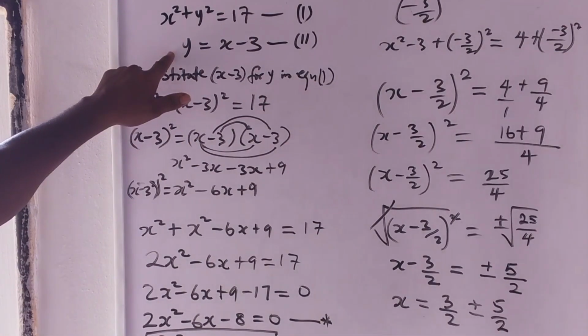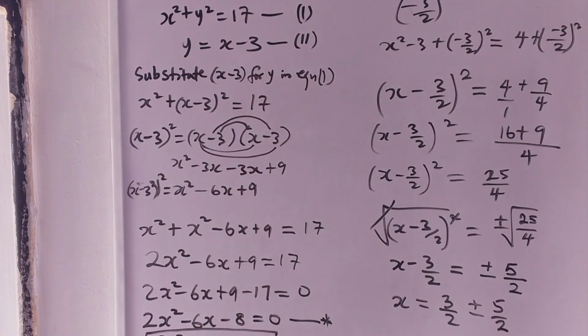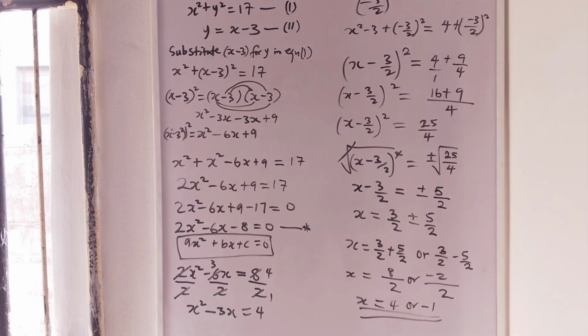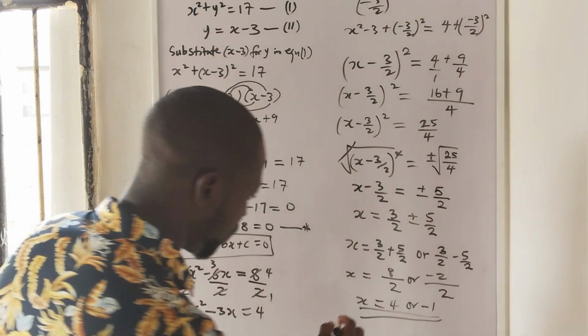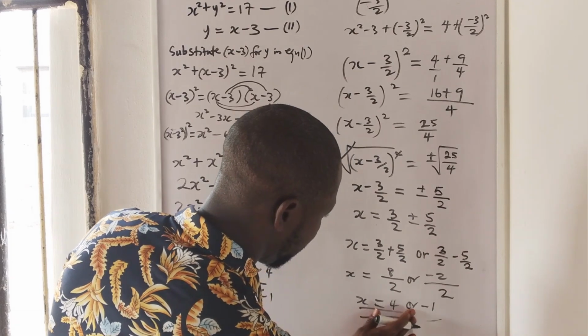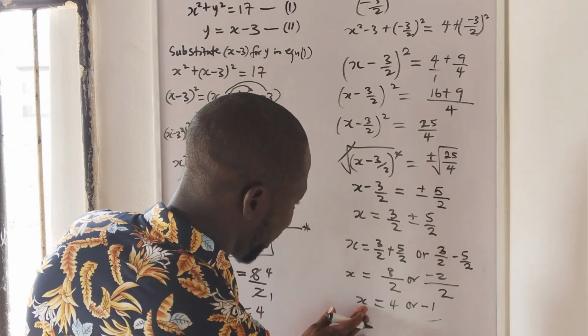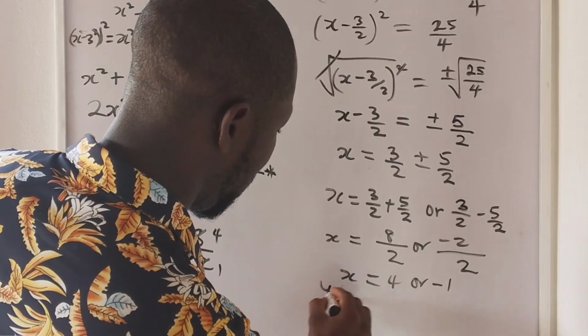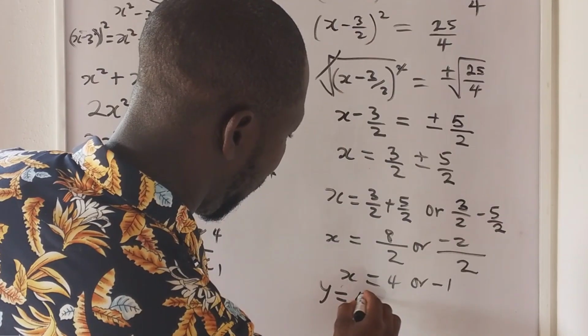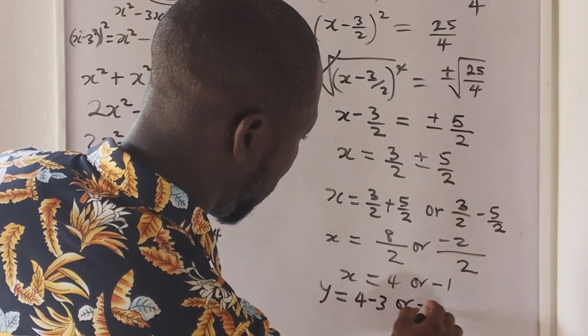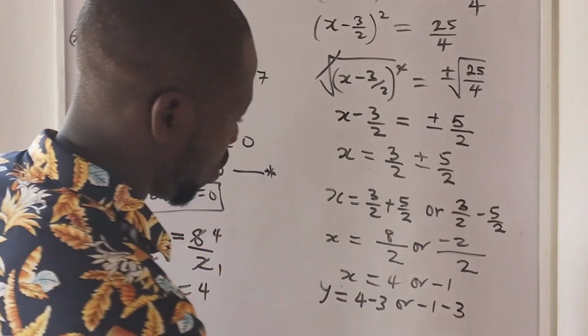But remember that y is equal to x minus 3. So to get our y, we're simply going to say y is equal to x minus 3. So y is equal to 4 minus 3, or minus 1 minus 3. All right?